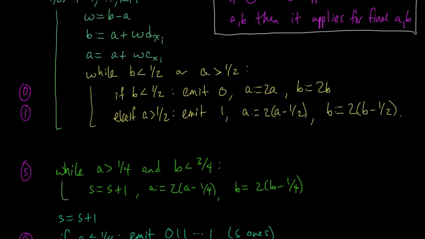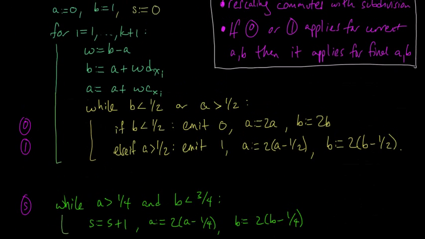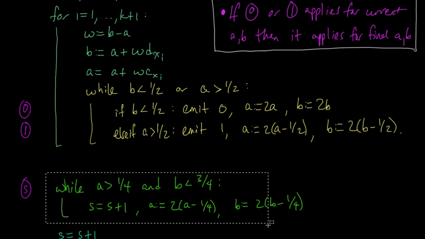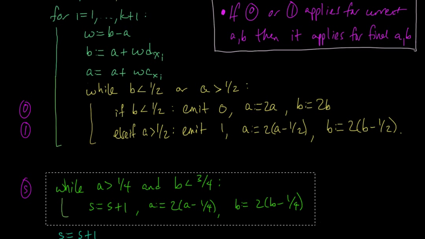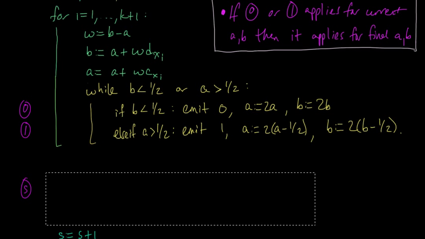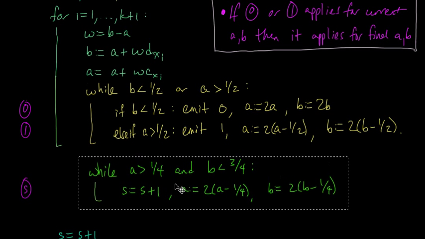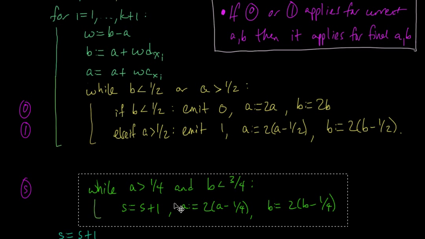So let me go ahead and modify this. I'll do some cutting and pasting here to make it exactly what I just said. I need to leave a little space.